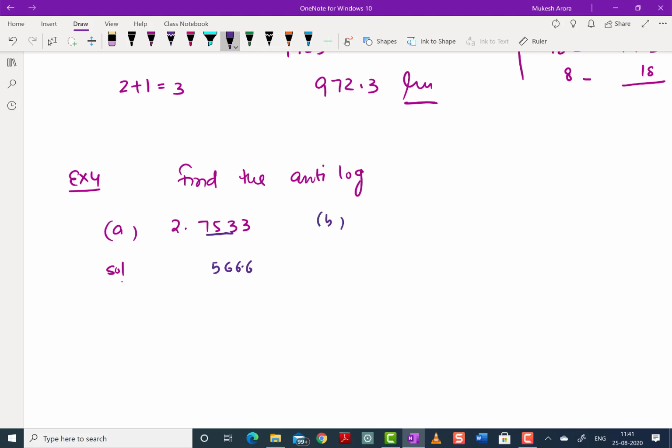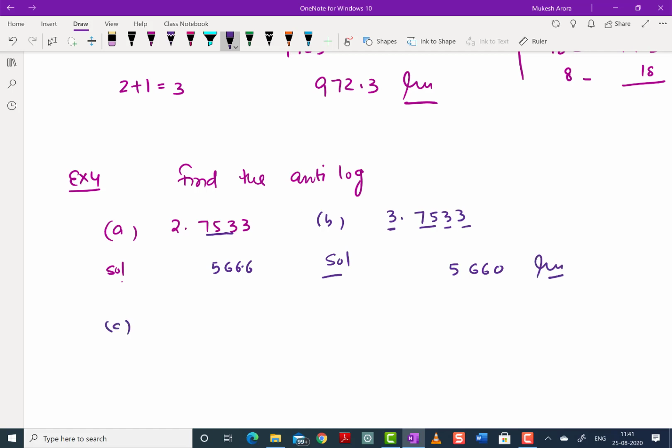B, the question is 3.7533. When we see the antilog, we see 75, the third column and then third. After adding this, it comes to 5666. This is 3 plus 1, 4, so this is the answer.